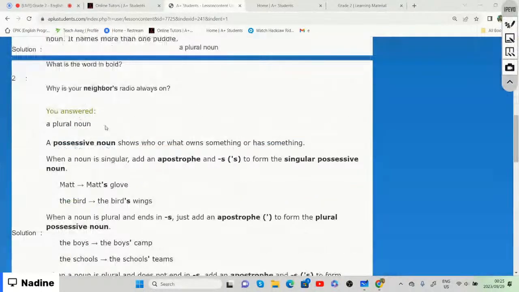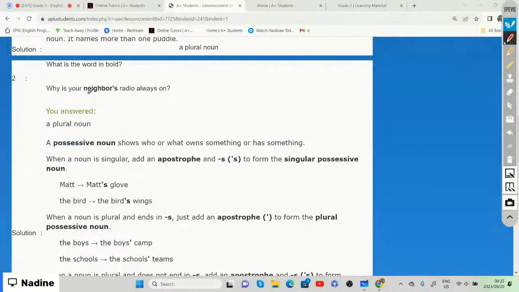Why is your neighbor's radio always on? So neighbor's radio always on.